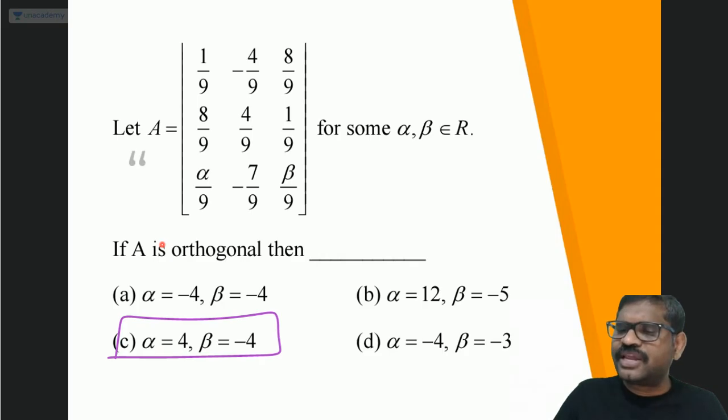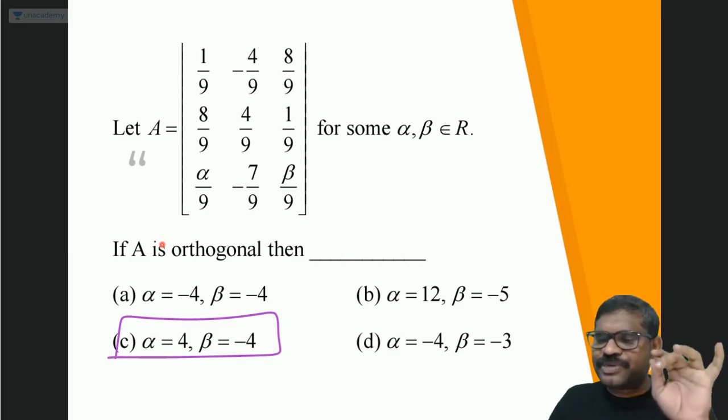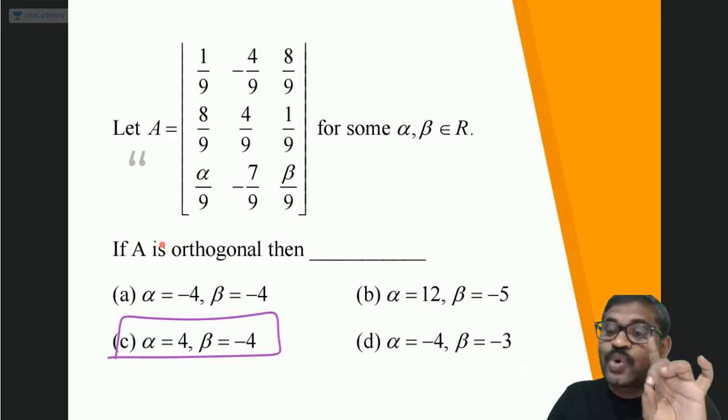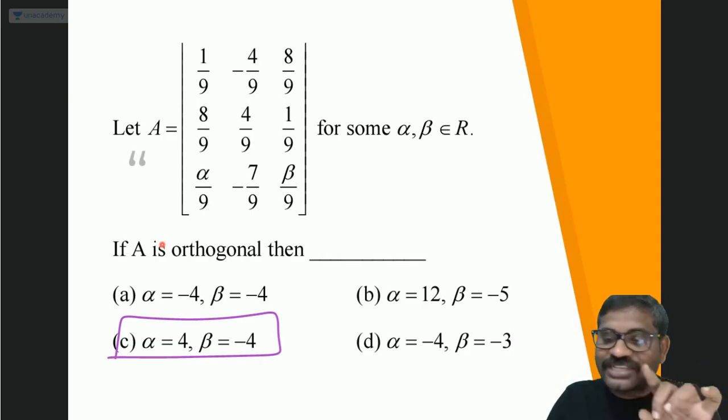Hello, Aniket. Aniket, please understand what is the difference between matrix and vector. I have explained, an orthogonal matrix is a combination of orthonormal vectors. I never said orthonormal matrix. I said orthonormal vectors.